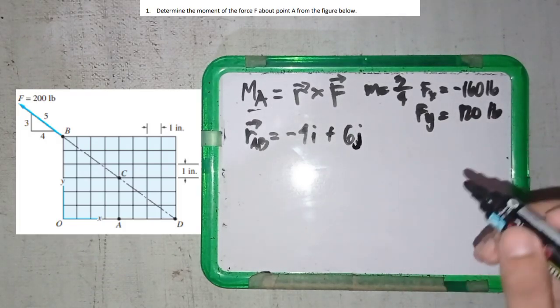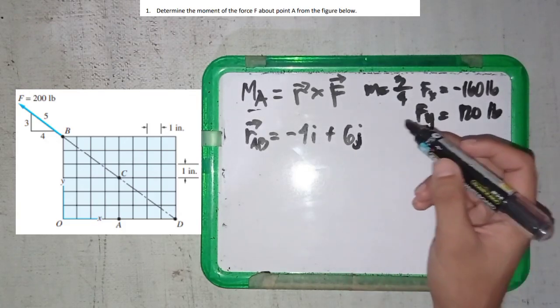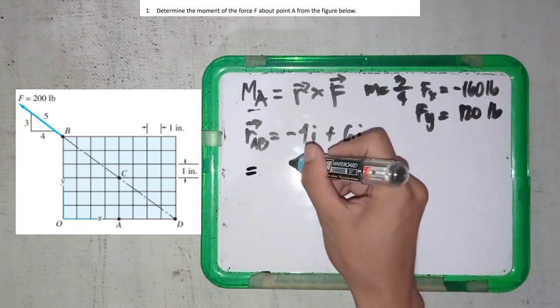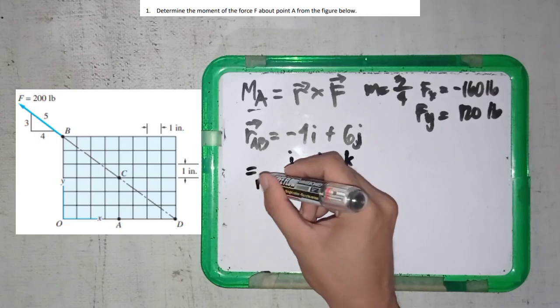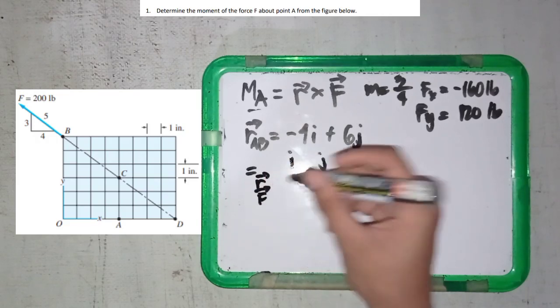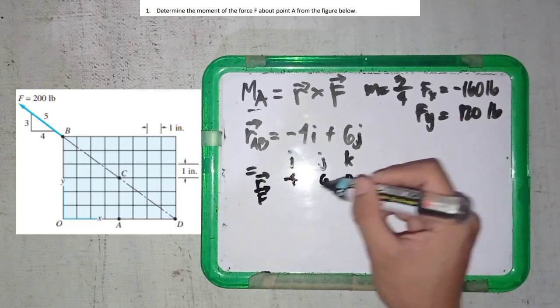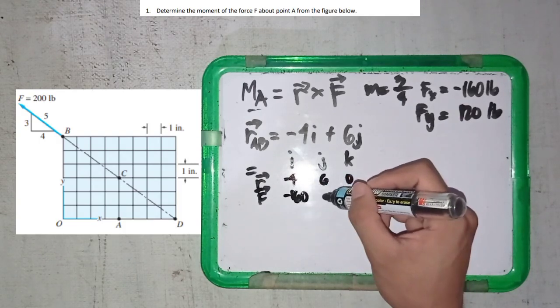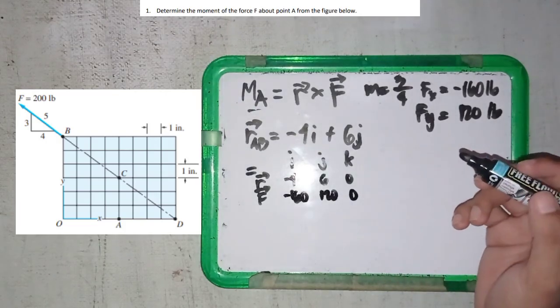Next, we are going to solve using the vector solution. Since we have the r vector, this will be i, j, k, and for the r vector and the F force, negative 4, 6, 0, negative 160 pounds, 120 pounds, 0 pounds.